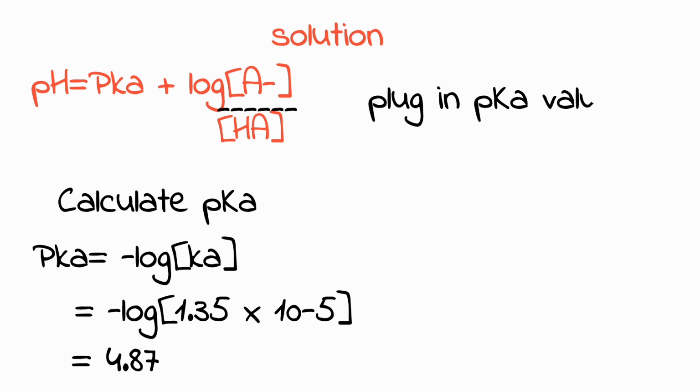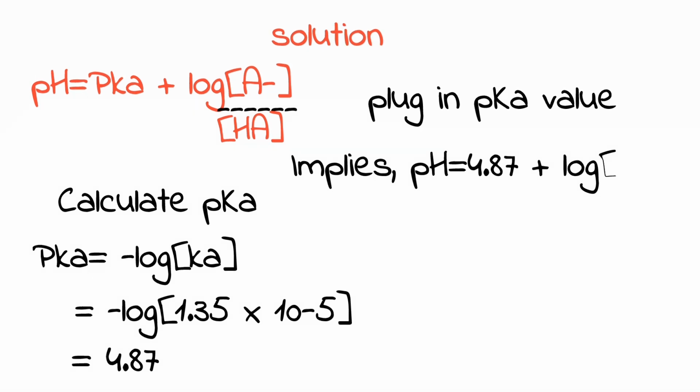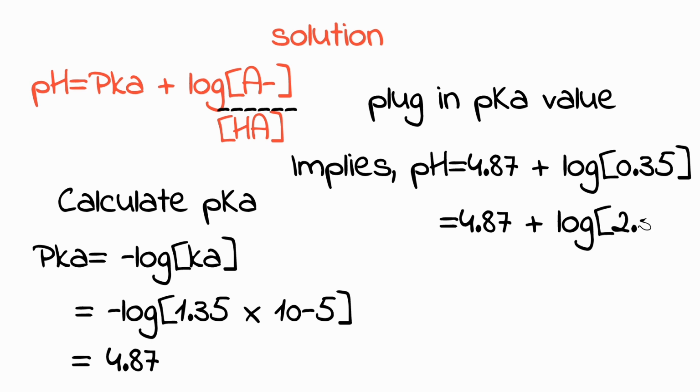When we do that, it's going to imply pH is equal to 4.87 plus log of the concentration of sodium propanoate divided by the concentration of propanoic acid. That gives us 4.87 plus log of 2.33. And when we do that, we have 4.87 plus 0.35.